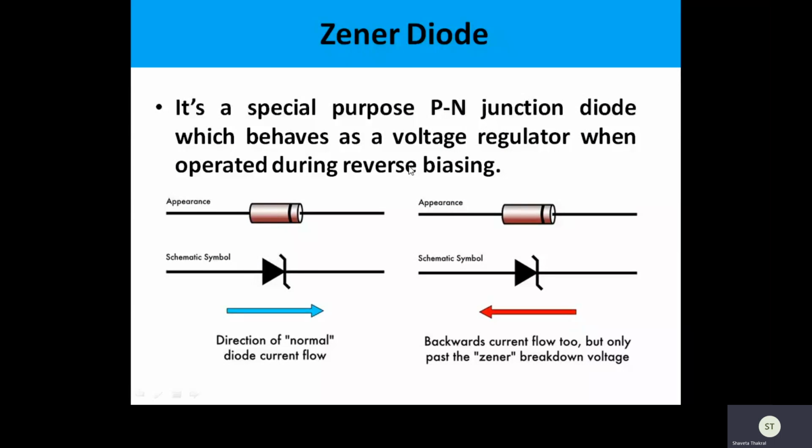So the Zener diode is specifically operated during reverse biasing and specifically in the breakdown region only. And why? Because we have to utilize its benefit as a voltage regulator in the breakdown region during reverse biasing. So this is the appearance of the Zener diode, and this is the symbolic notation of the Zener diode.